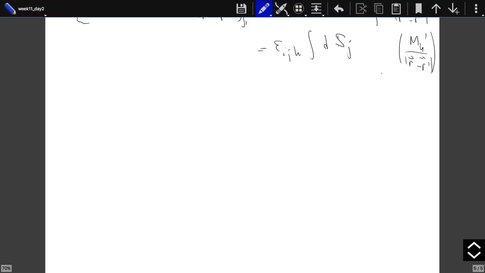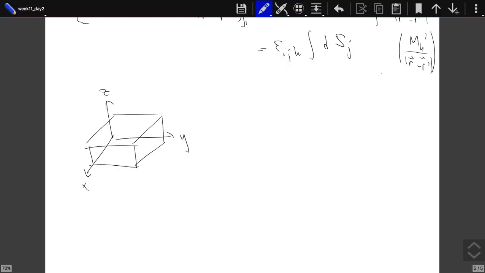Okay, let me do this simple example. Let me just take x, y, z, and let me assume a cube over here. I have an integral over x, an integral over y, and an integral over z, and let me consider some function, df by dx.